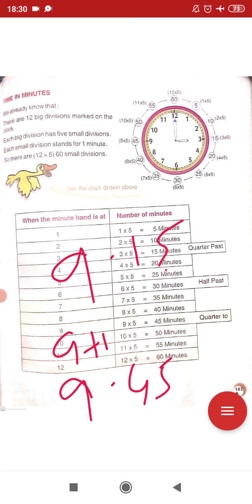Today your homework is to read these 2 pages and understand the number of minutes and number of hours and the terms full hour, half hour, quarter hour, and quarter past and quarter to. So quarter hour, this term should be used in 2 cases, quarter past and quarter to. Quarter past should be used when the minute is 15, and quarter to should be used when the number of minutes is 45.